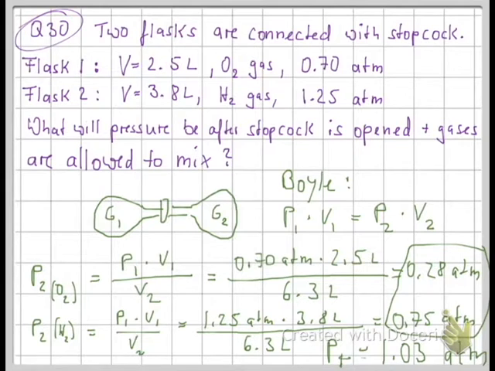Our partial pressures are to 2 significant figures because we're multiplying and dividing with values that have 2 significant figures. Then when we're adding up, we are limited by the decimal places, which we have 2 of, so we can go to 1.03 atmospheres on that.